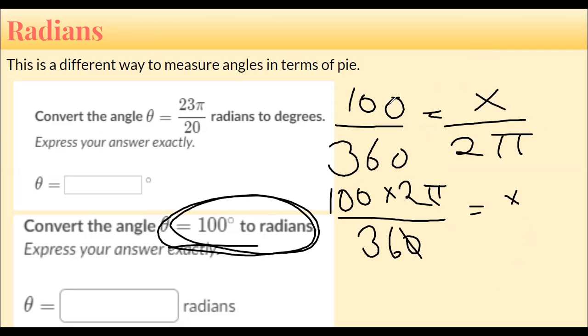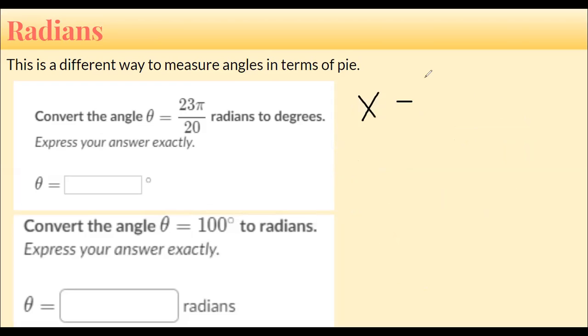You cancel that. You cancel that. That's 18. Now you cancel that. That's 5. So x radians is equal to 5 over 9 pi.